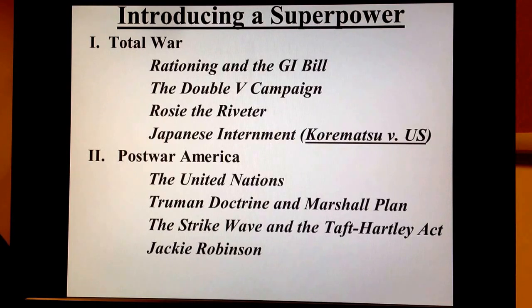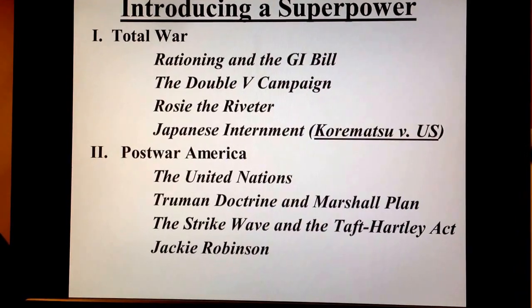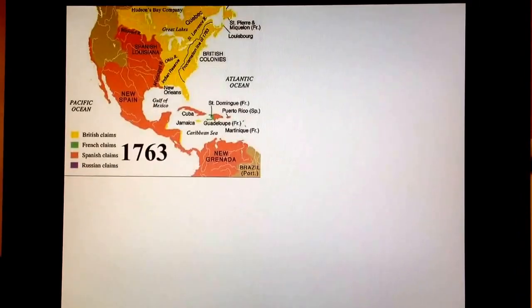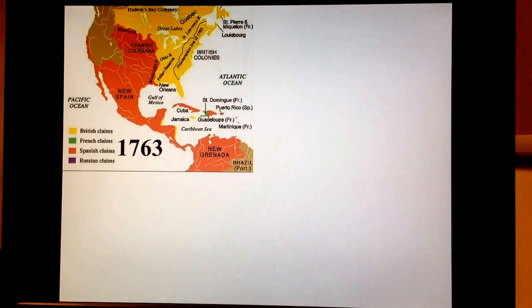Spain was a big power in the 1500s and 1600s, but North America by the 1700s was controlled by the British and the French. And the British and the French wound up going to war with each other in the 1750s, a war that ended in 1763.